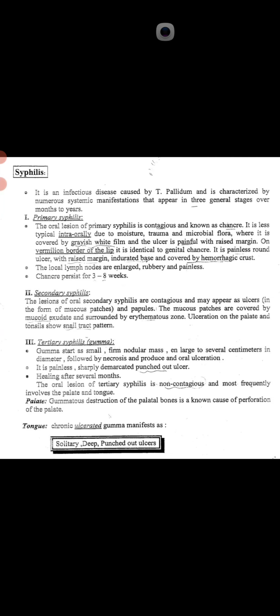It is identical to genital canker, when a canker occurs in the genitalia. Genital canker is a painless round ulcer with a raised margin, indurated base and covered by hemorrhagic crust. When primary syphilis occurs on the lip, it is painful, but genital canker is painless.